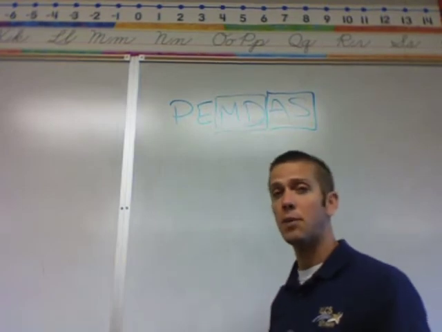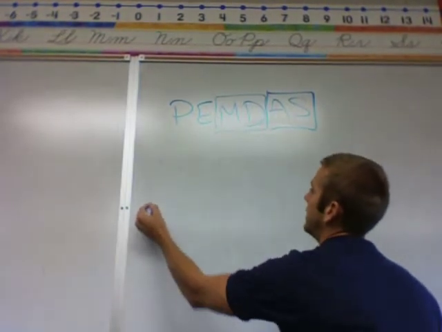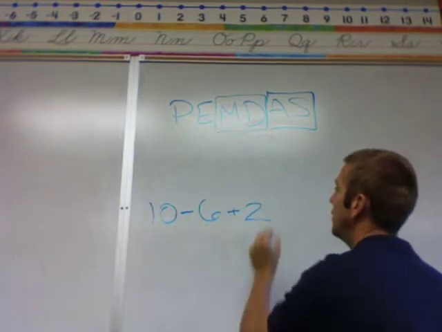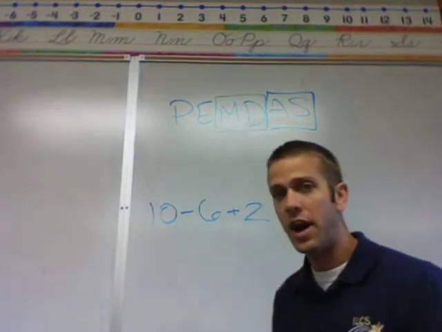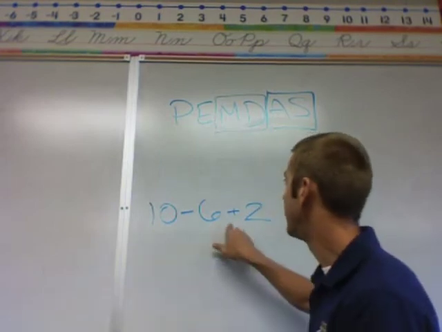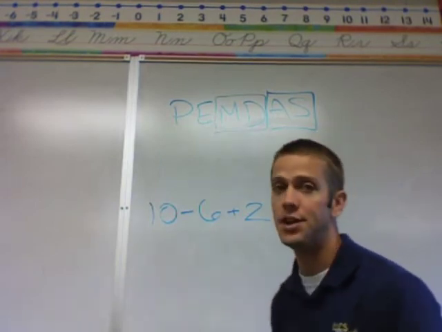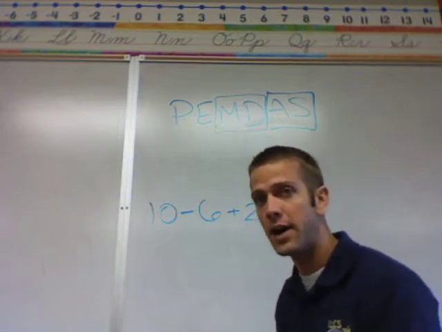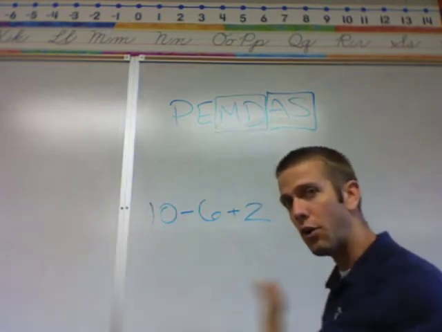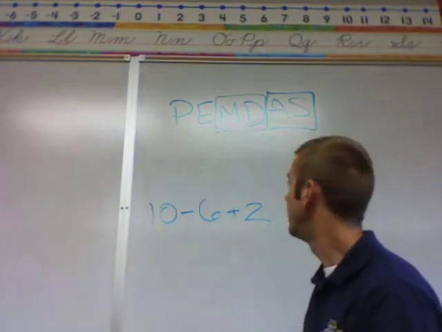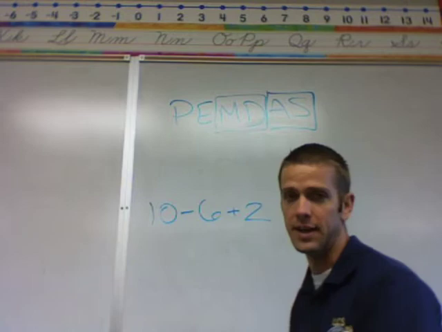So you can get a problem that says 10 minus 6 plus 2. And you're not going to go, oh, A is first in PEMDAS. Let me add those. That's 8. 10 minus 8 is 2. Just go straight across. If you're only dealing with adding and subtracting, start from left, go to the right. So 10 minus 6 is 4, plus 2 is 6.